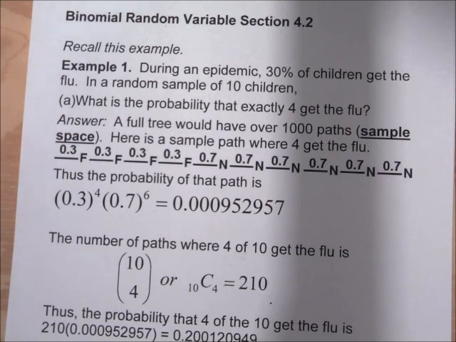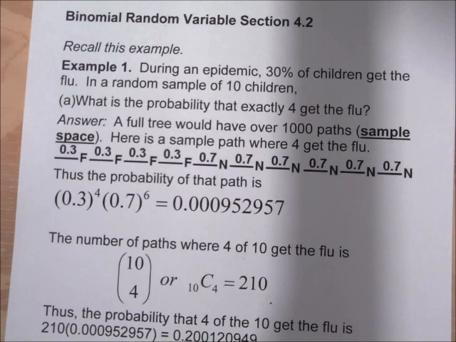Either they get flu or they don't get flu, or maybe either they favor Biden or they don't favor Biden. And you have a sample from that population, and X represents the number of individuals from that sample that have the particular characteristic in question. So that would be a typical binomial random variable.